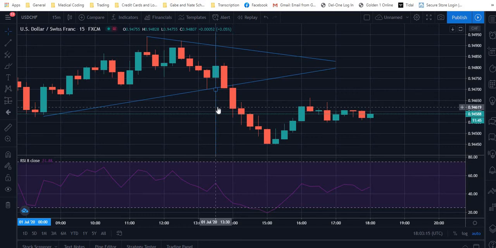Well, I could tell you RSI on the 15-minute chart didn't get anywhere near 70. So you can't use RSI in this scenario as a confirmation for this trade. That's why you've got to have additional ways to confirm your trade.